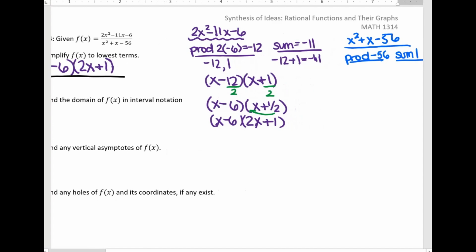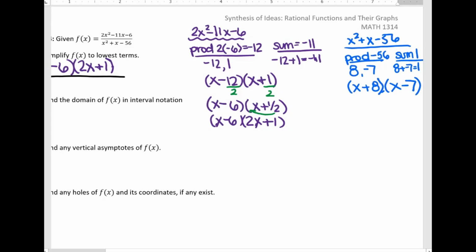The two numbers we need are 8 and negative 7, because 8 times negative 7 gets us negative 56, and 8 plus negative 7 does get us the one that we needed. So we're going to have x plus 8 times x minus 7.